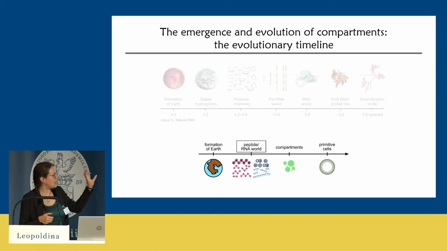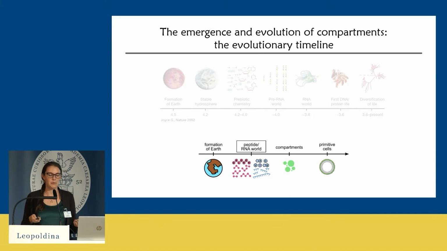And the reason I want to highlight this is because in the last decades, we have really started to understand that there are advantages in combining peptides and RNA, not only, for example, for the origin of translation and to understand how the first coded peptide could have formed, but also when it comes to RNA chemistry and RNA replication, and there are some examples that show that the presence of peptides could have helped the replication of genetic material.